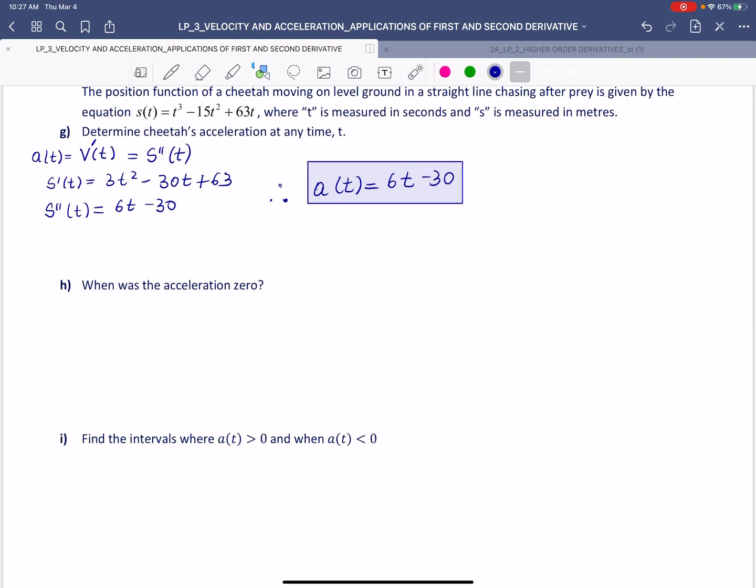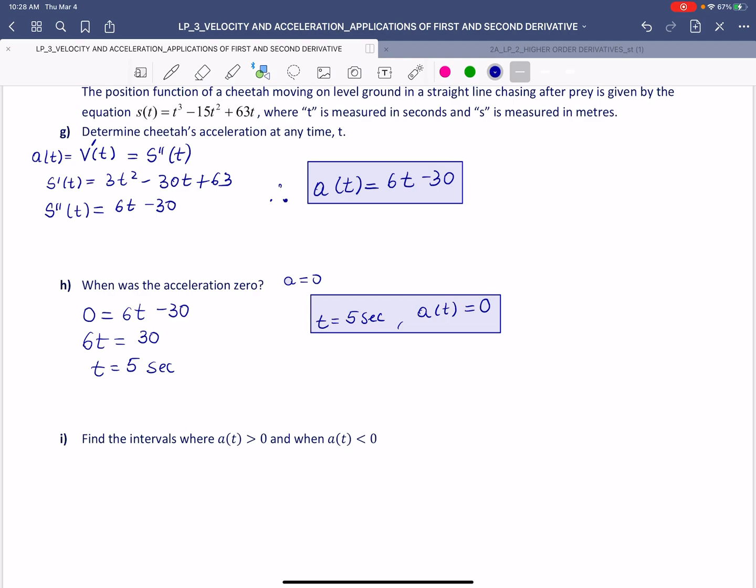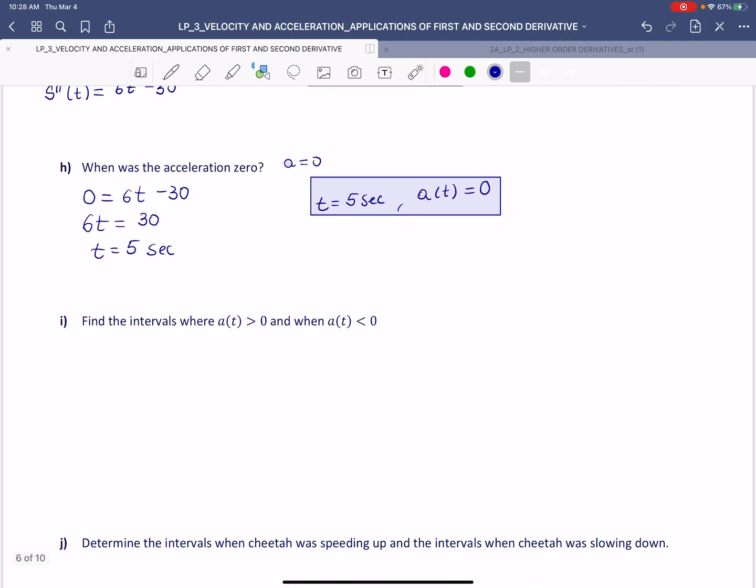Now, when was acceleration 0? It means that a must be 0. So we have 0 equals 6t minus 30. That makes 6t equal to positive 30, or t equals 5 seconds. So at time equals 5 seconds, acceleration will be 0. Now we have to find the intervals when acceleration is positive and when it's negative.